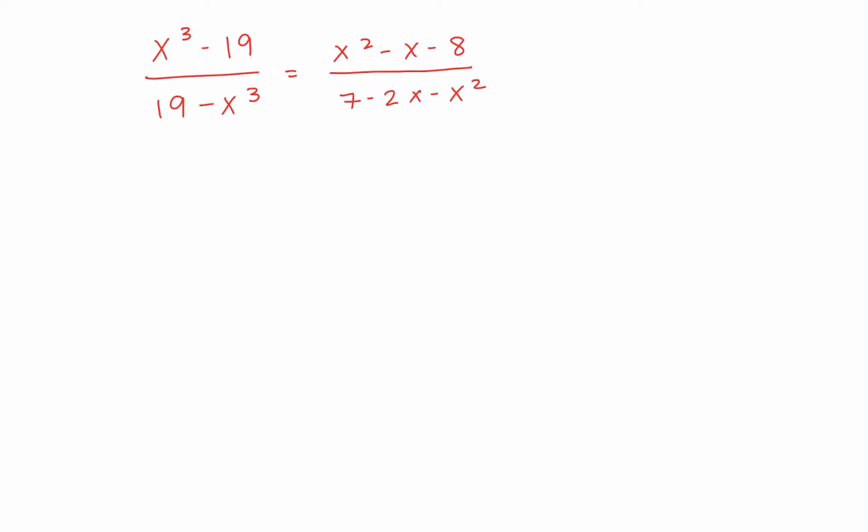If I set 19 minus x cubed equal to 0, I will get that I cannot have x equals the cube root of 19. Then I'm also going to set 7 minus 2x minus x squared equal to 0. Now, I'm not going to solve this for you because you know how to use the quadratic equation.